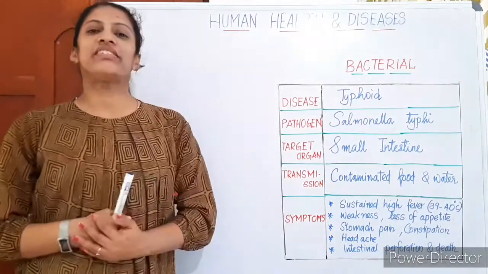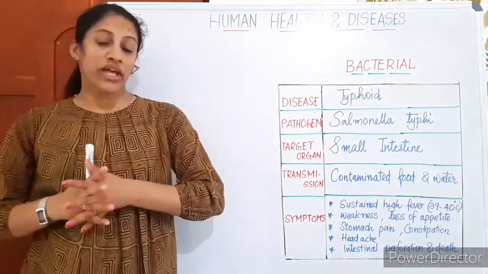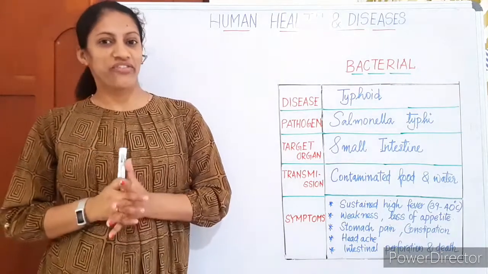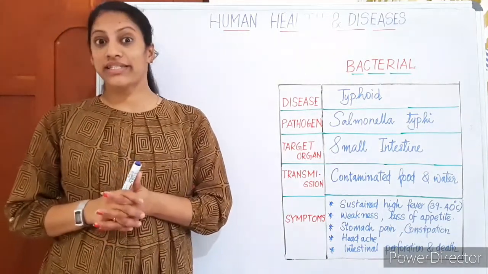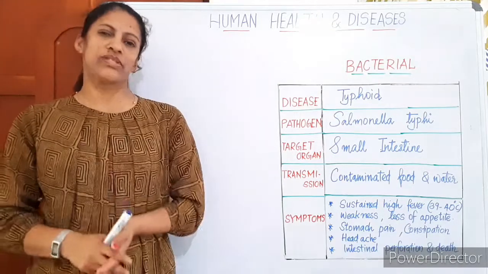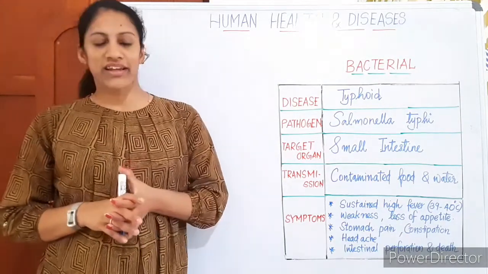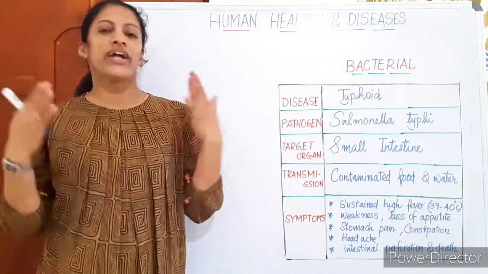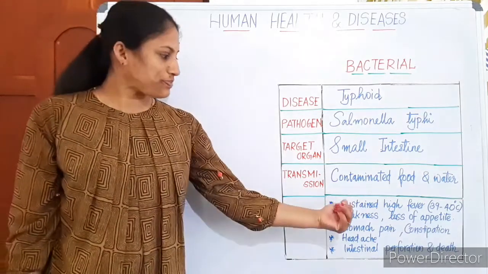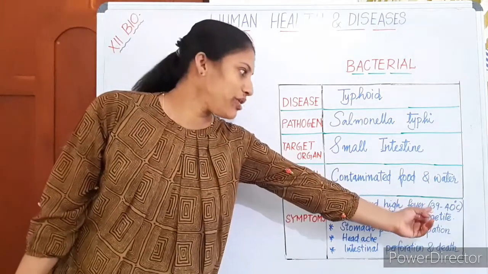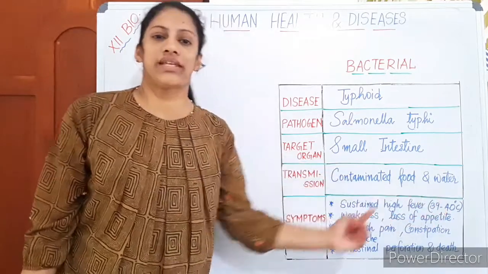Then the major symptoms of typhoid. Is there anyone among you who got the disease typhoid? Then you can very easily understand the symptoms. Typhoid is mainly characterized by fever, high fever. Sustained high fever, about 39 to 40 degrees Celsius.